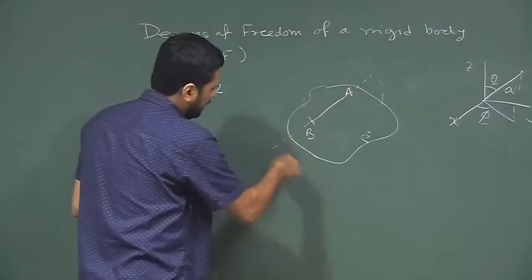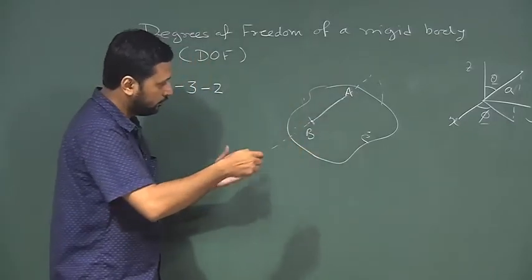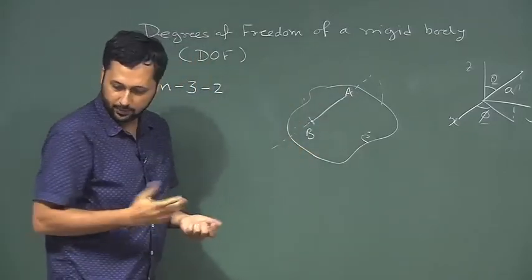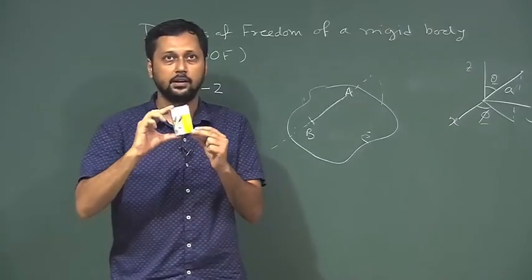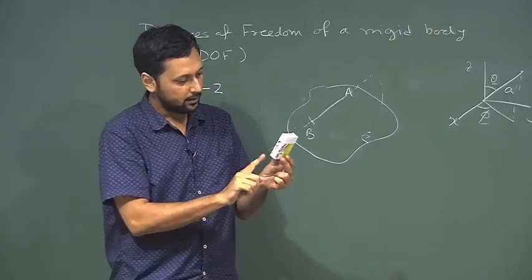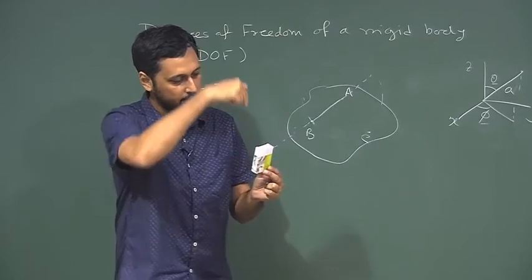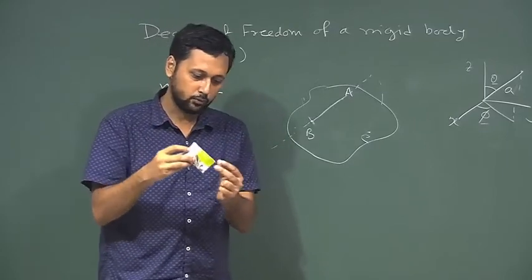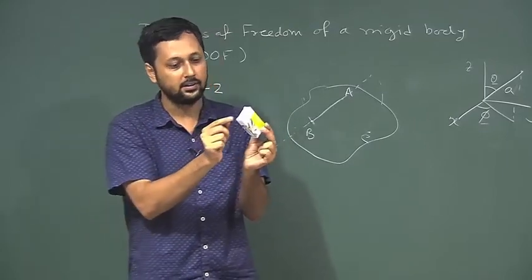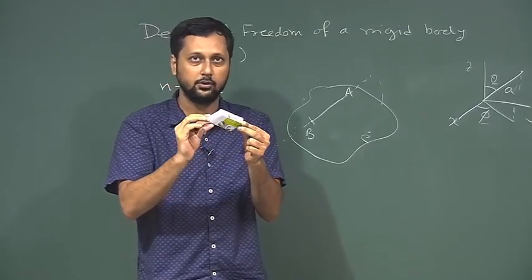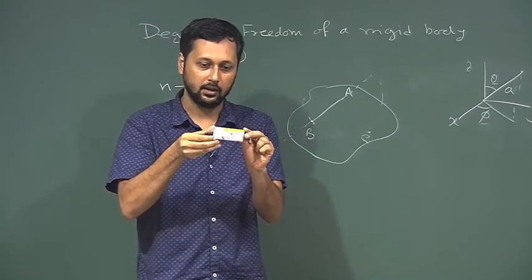Now, this entire rigid body can move around that axis. For example, if this is my rigid body and I fix 2 points, this point here and this point here, it is free to rotate around this axis only, right.